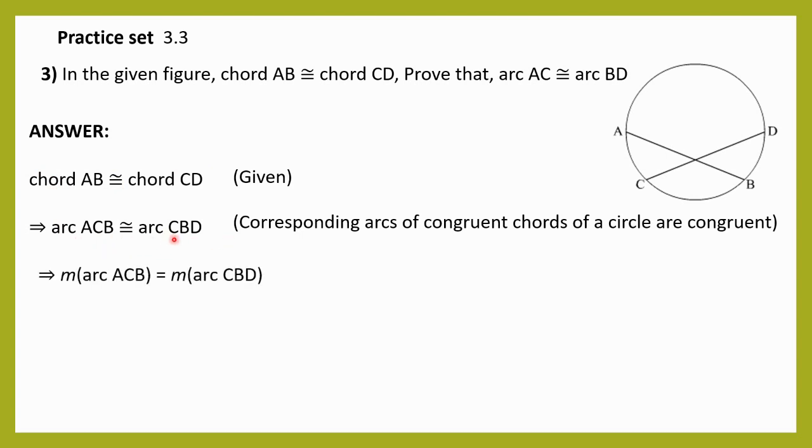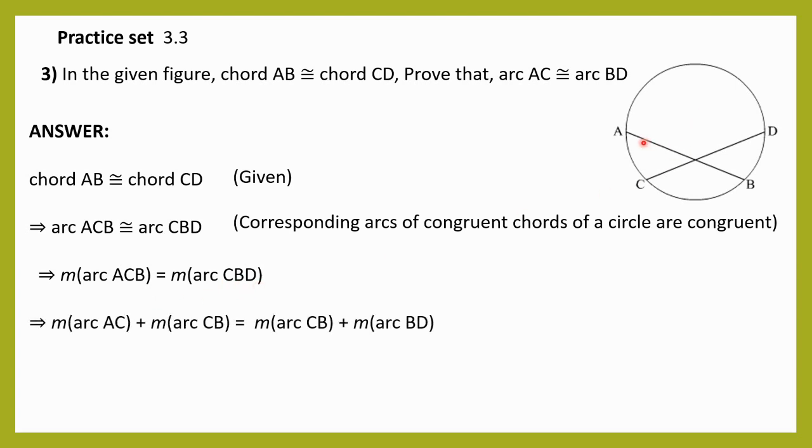Since the arcs are congruent, we know that two arcs are congruent if their measures and the radius are congruent. So these two arcs are congruent, therefore their measures will also be congruent. Hence we can say that measure arc ACB is equal to measure arc CBD.